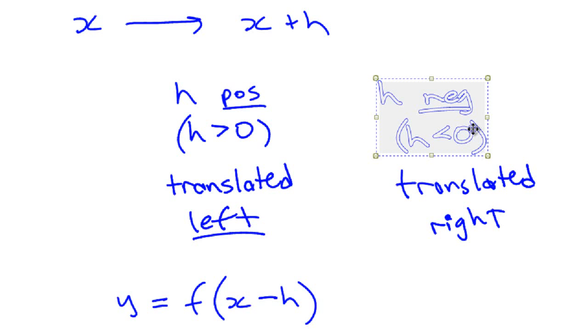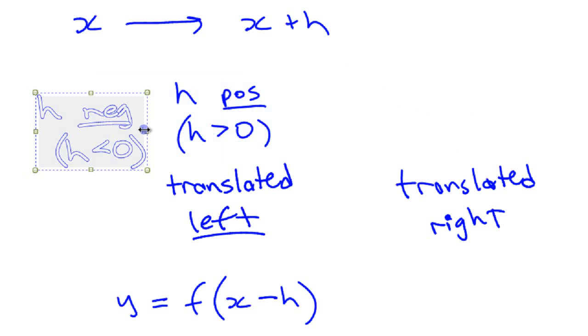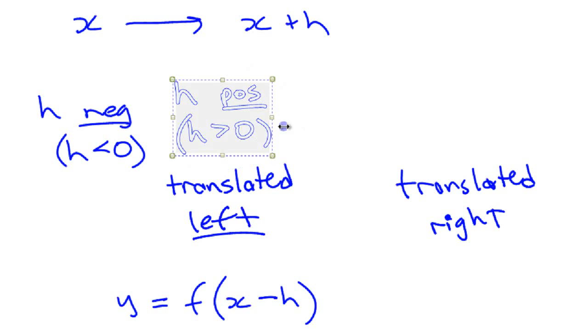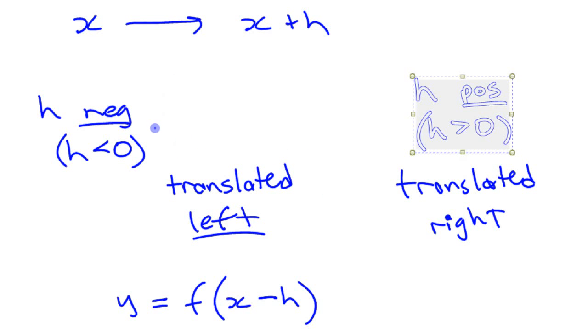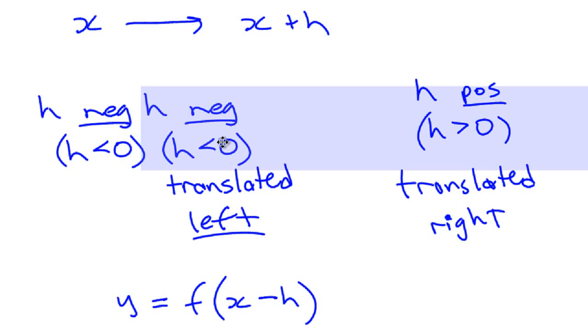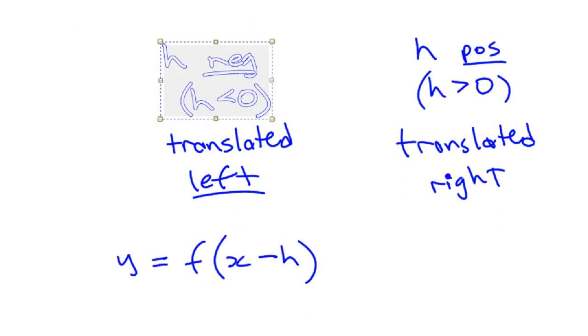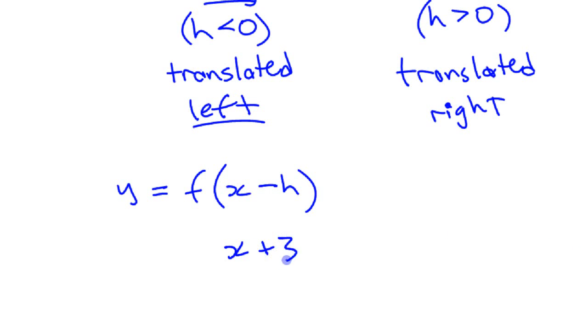Because if you've got a minus in there, that's going to have to come over here. Like if it's really x plus 3, it's the same as x minus -3.